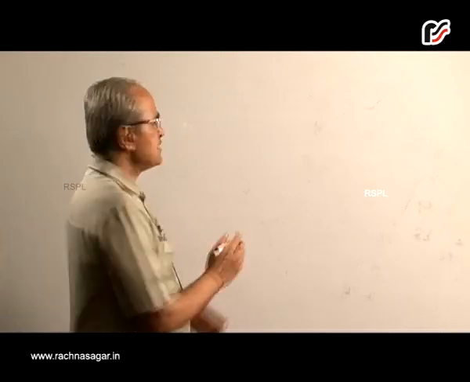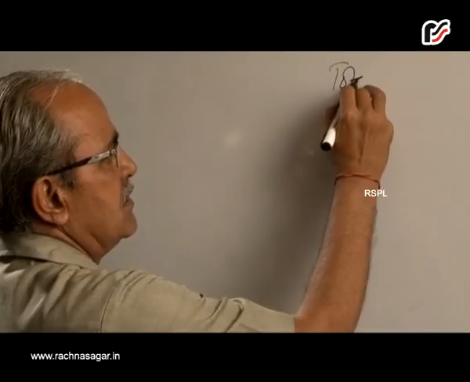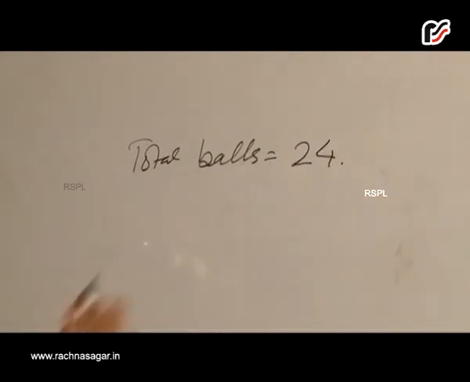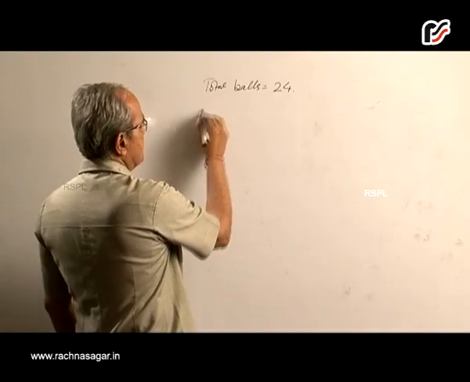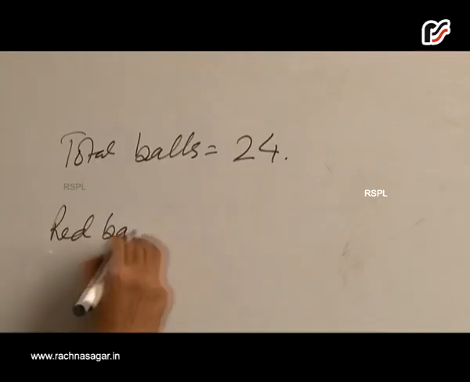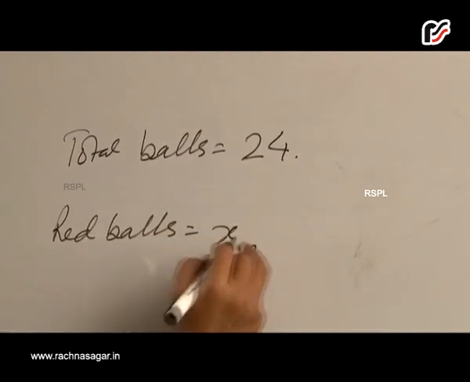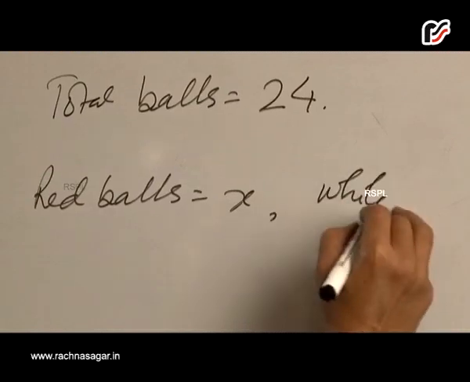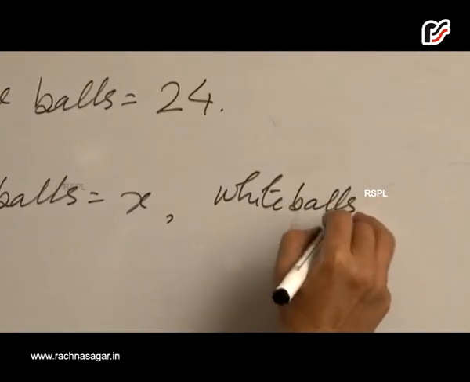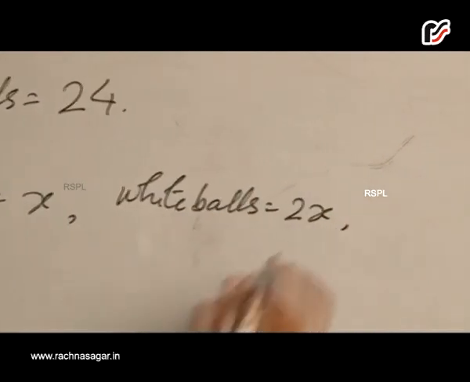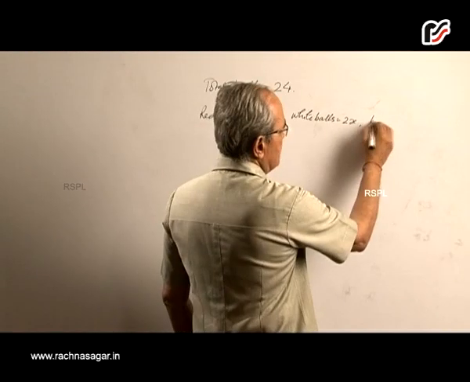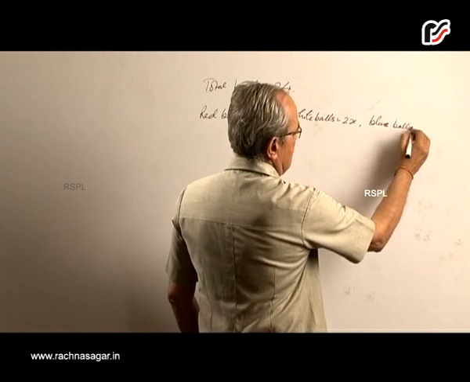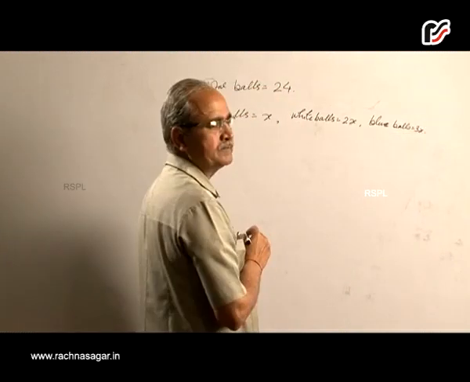In this question we notice total balls equals 24, red balls equal to X, white balls equal to 2X and blue balls equal to 3X.